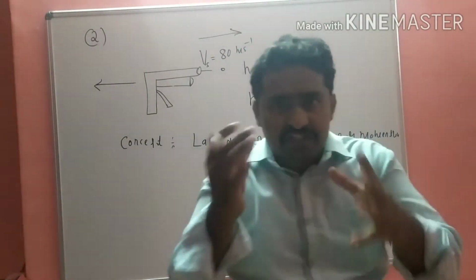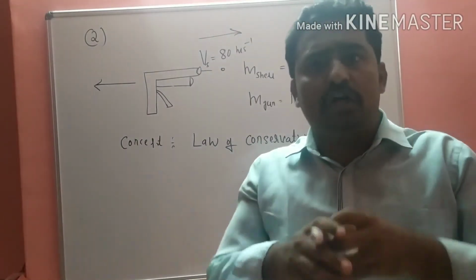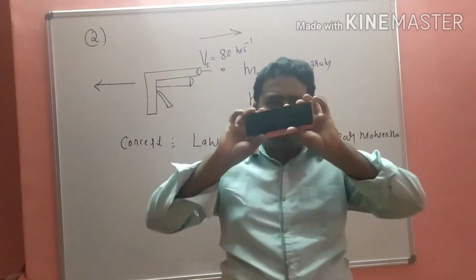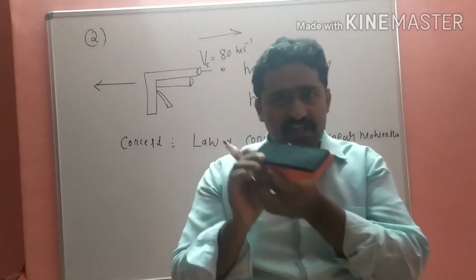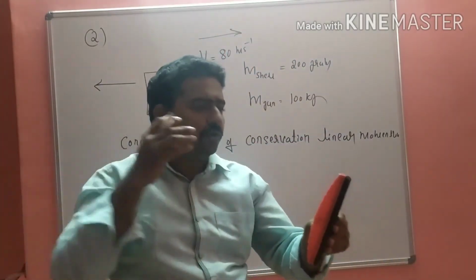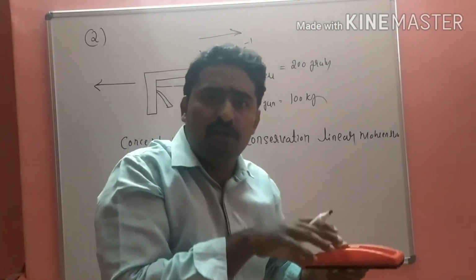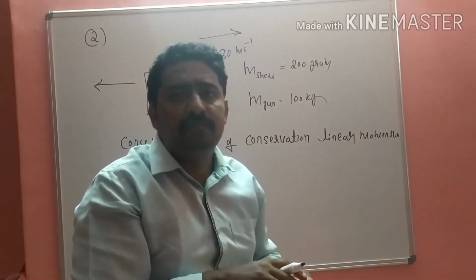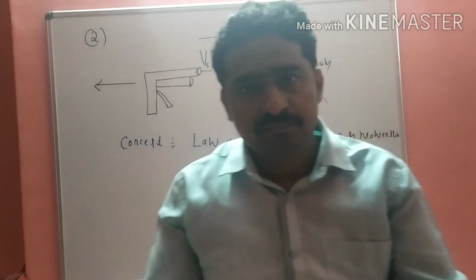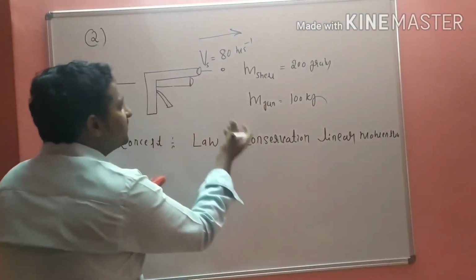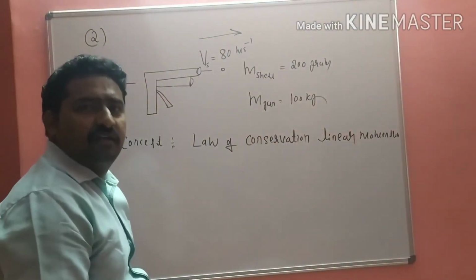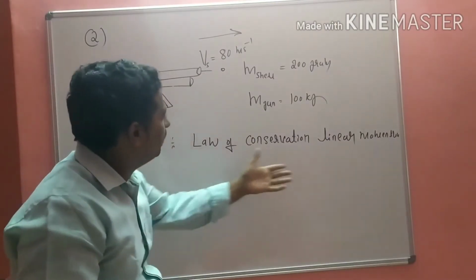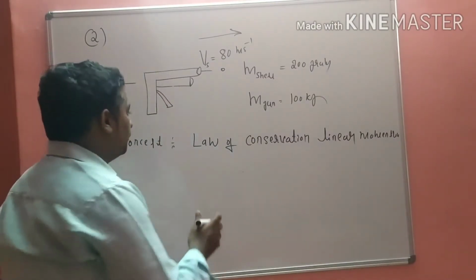If the external force acting on the body is 0, the momentum remains conserved. That means the momentum remains constant. That is the statement of the law of conservation of linear momentum.